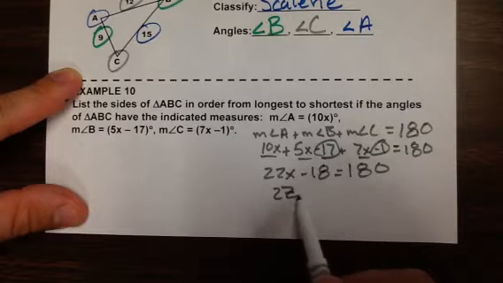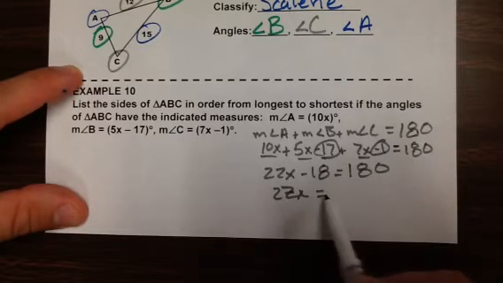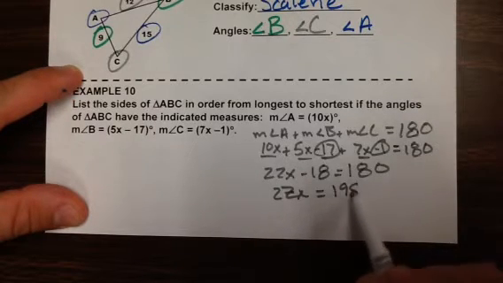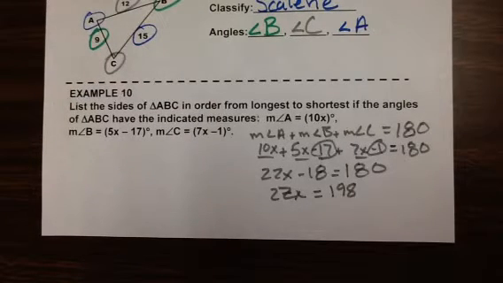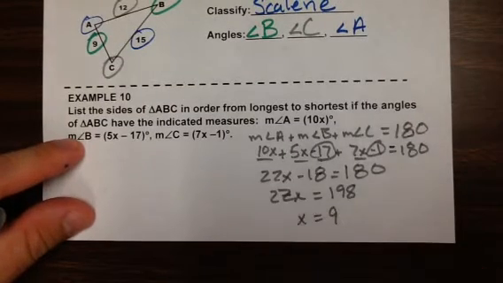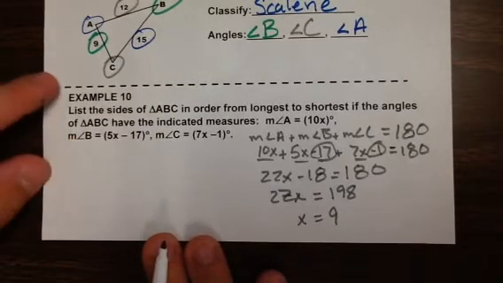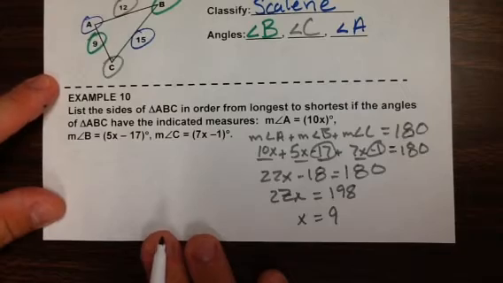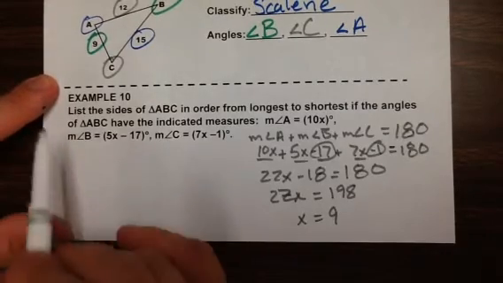Or 22x equals 198. And then we need to divide by 22. And dividing by 22 right here, you should be able to find that x is 9. So, not done yet. I now know that I'm going to go ahead and plug them in.